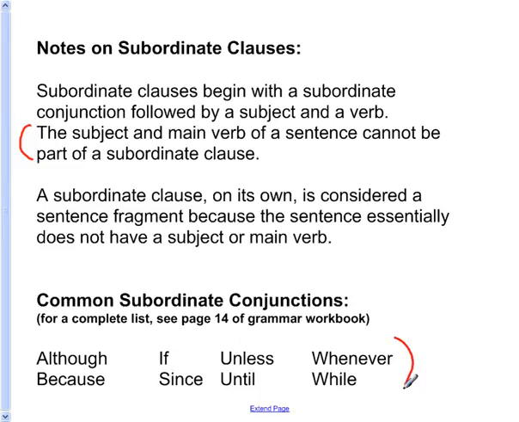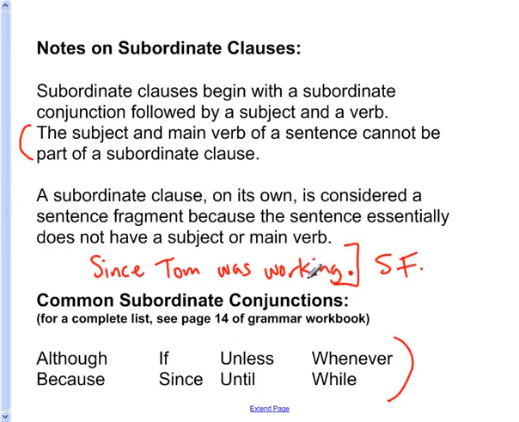If you see one of these words, you know you have a subordinate clause. So for example, again, since Tom was working, period. That is a sentence fragment because the entire word group is a subordinate clause.